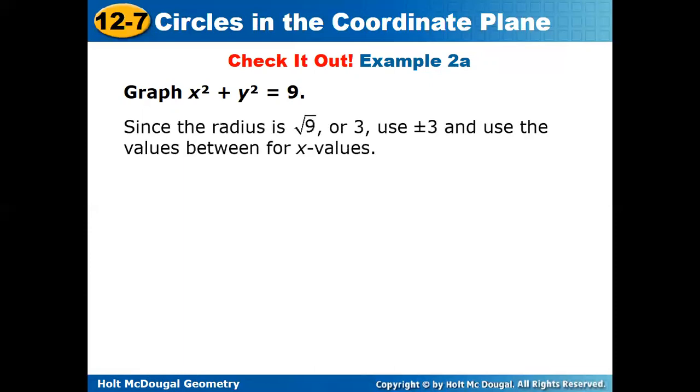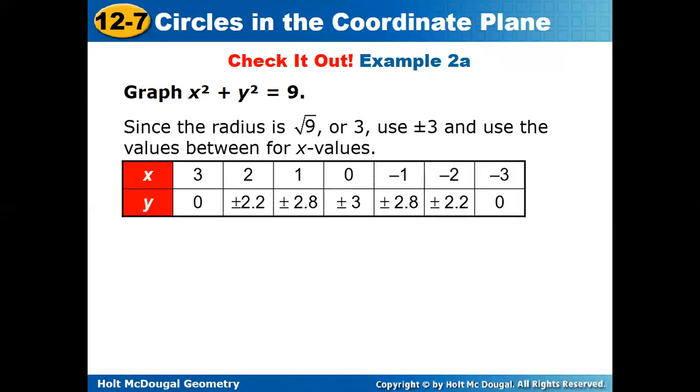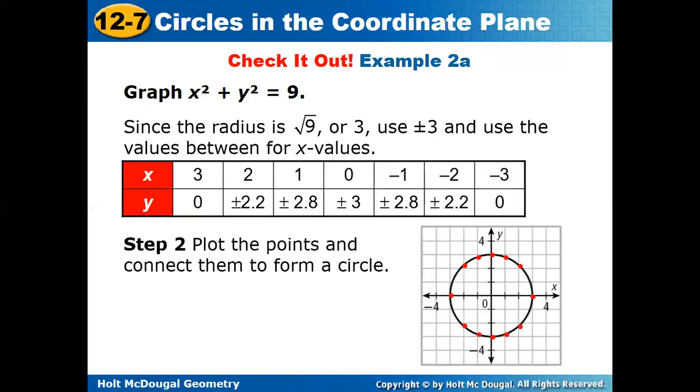Now check your answer. We said that the root of 9 is 3, and we will use values of x from -3 to 3. Also, we will substitute to find the points. Then we plot the points and connect them to form a circle. We use the first way in this example. Someone may ask, can I use the second way in this example?